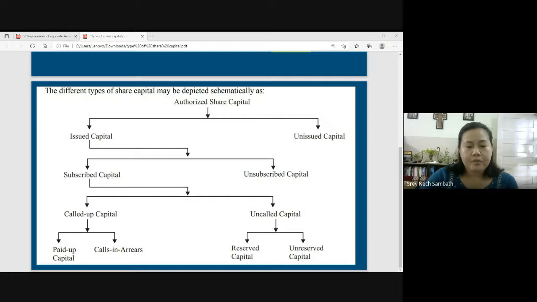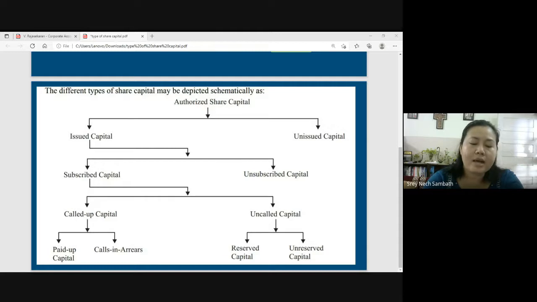So I hope you get that. That is the equation of paid up capital. So paid up capital is equal to called up capital minus calls in arrears. So if there is no call in arrear, it means that the called up capital and the paid up capital are equal. It's fully paid up.